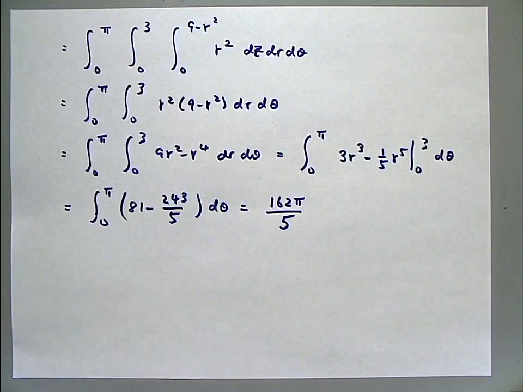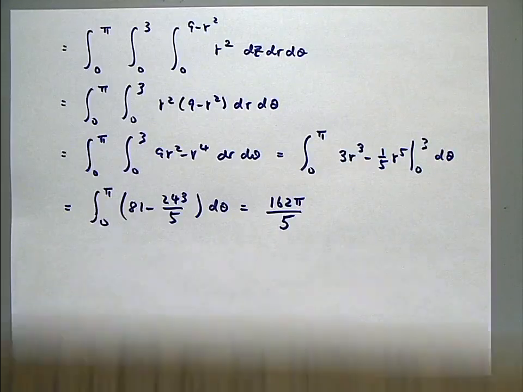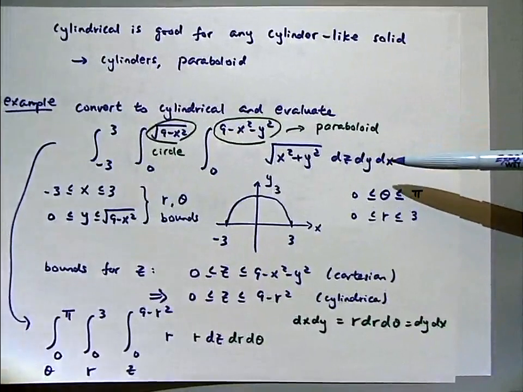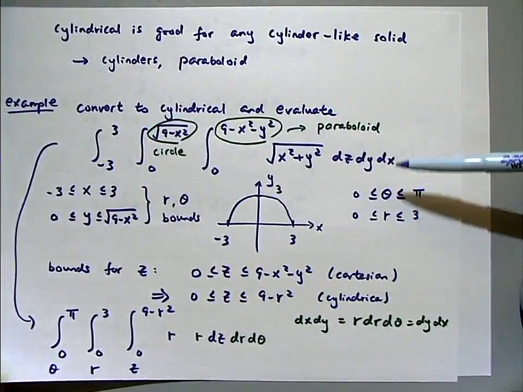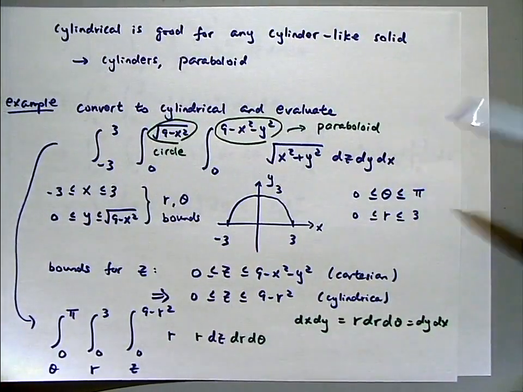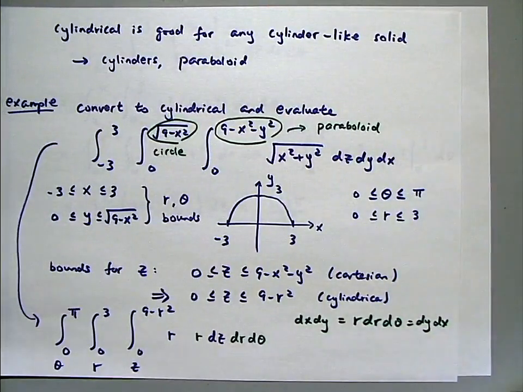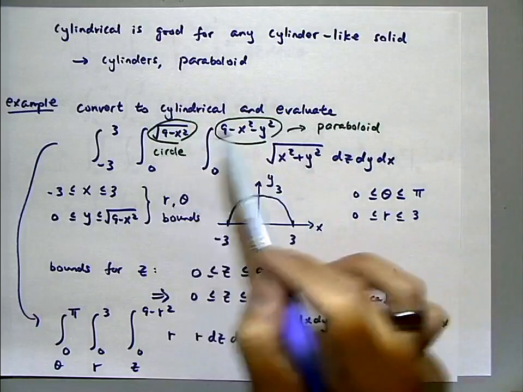Okay, so cylindrical, relatively easy, actually very easy, whereas in Cartesian, very, very difficult. So on the exam, if we throw an integral at you and it's in Cartesian, don't just jump in and start integrating and get stuck. Look at the regions you're dealing with.